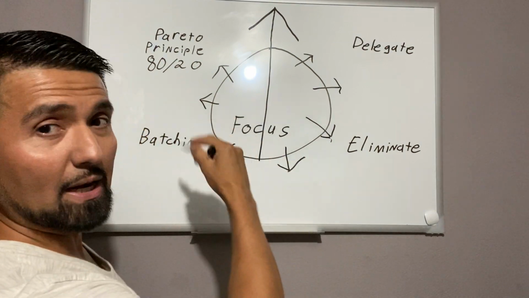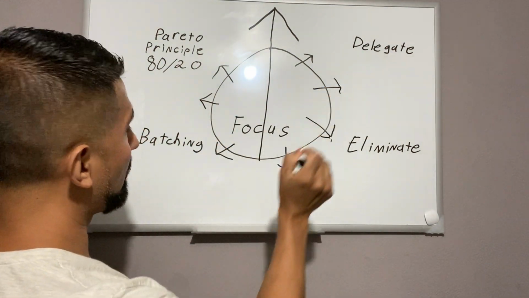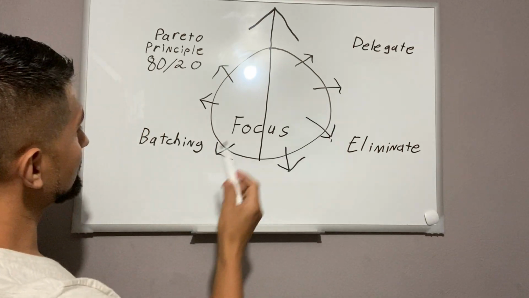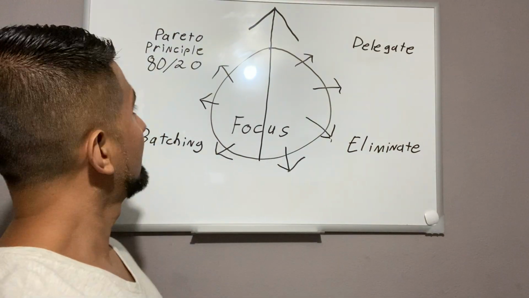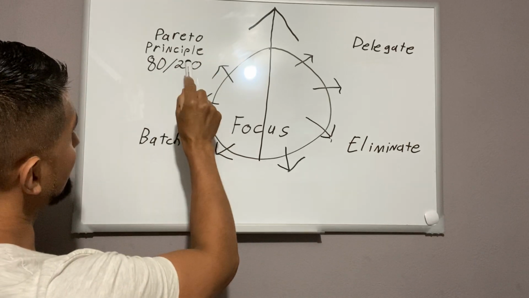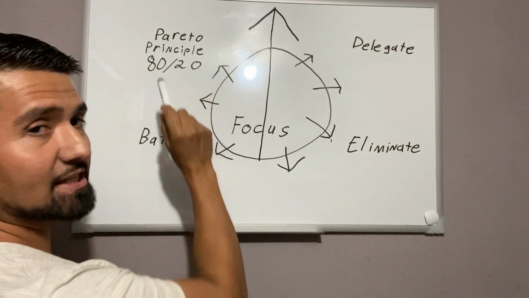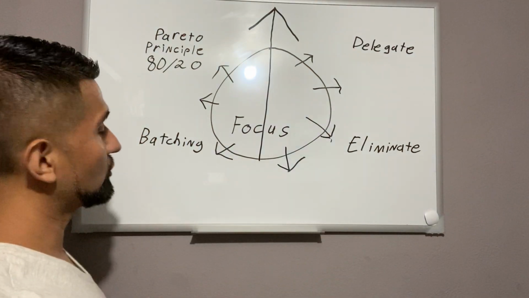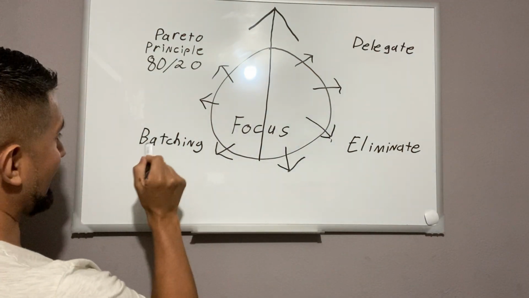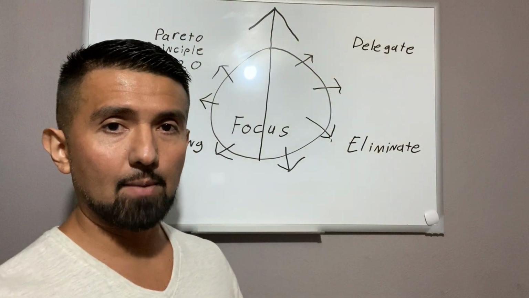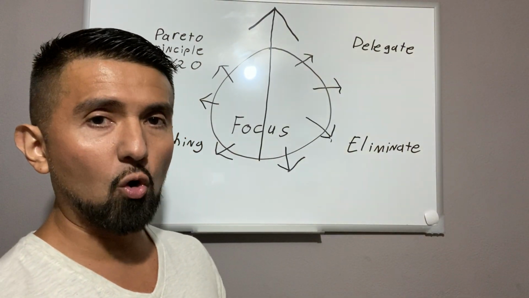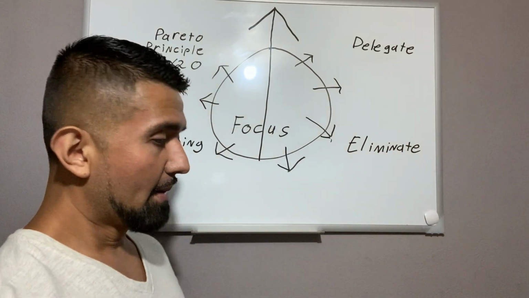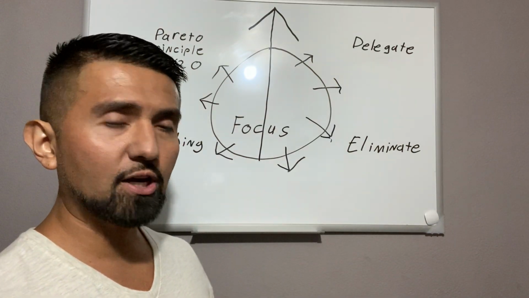I will explain as I move along to the other practices how that begins to work. Once I remind myself, am I doing the 20% that's going to yield the result that I want, I try to begin to batch. The perfect example is these videos or any type of content creation, or maybe email marketing.